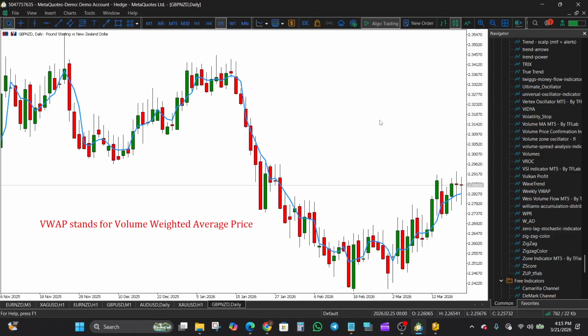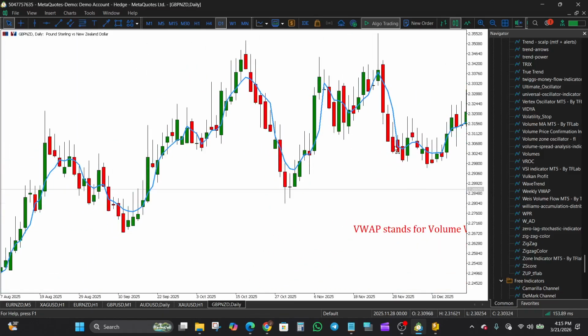So basically, if price is above the weekly VWAP, it suggests bullish conditions, and if price is below the weekly VWAP, it suggests bearish conditions. The weekly VWAP strategy involves using this level as a dynamic support or resistance.